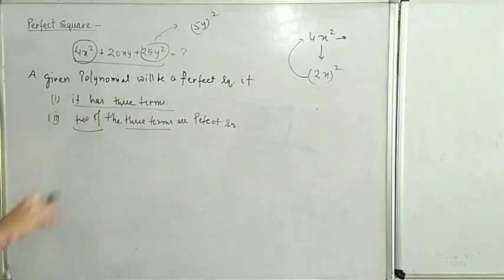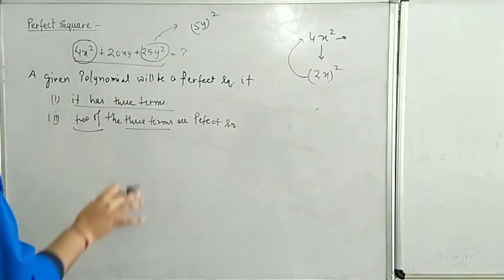So the first condition, it has 3 terms. Second condition, 2 of the 3 terms are perfect squares.